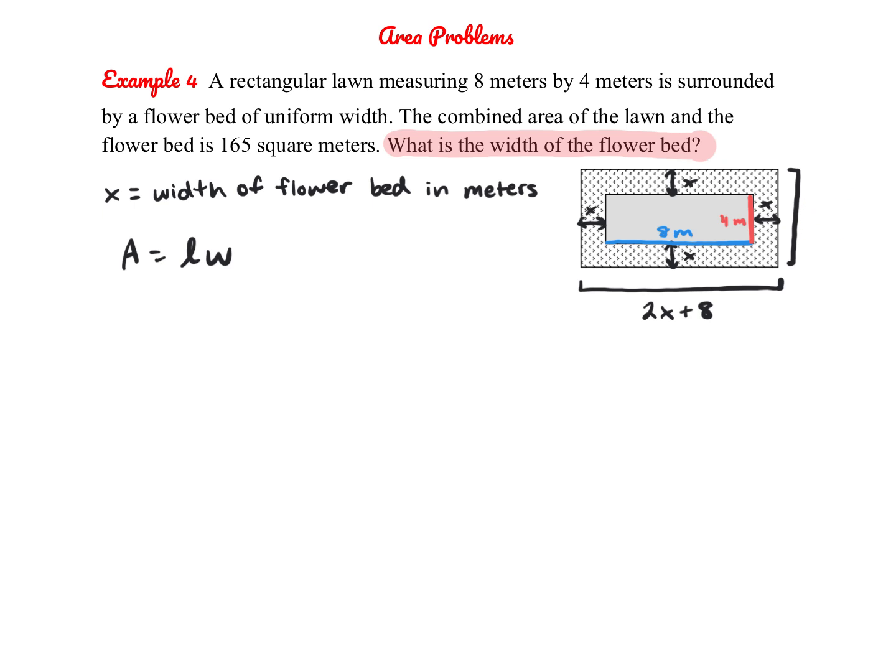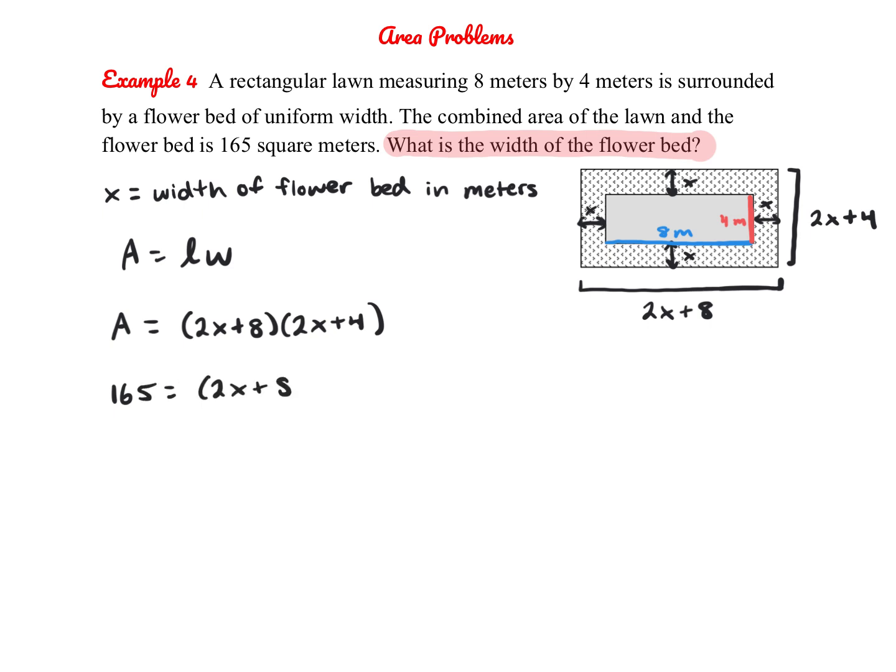So this distance would be 2x plus 4. So now we have a way to define the area in terms of x. 2x plus 8 times 2x plus 4. And we are told in the problem that the area is 165 square meters.